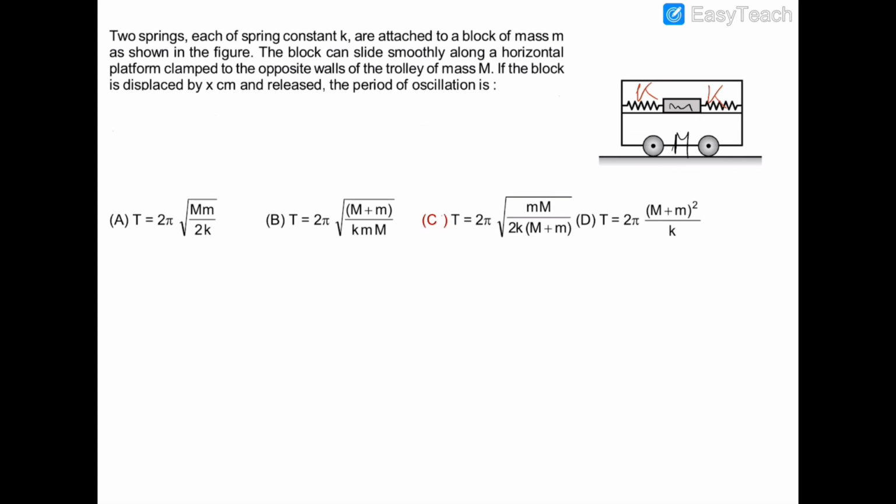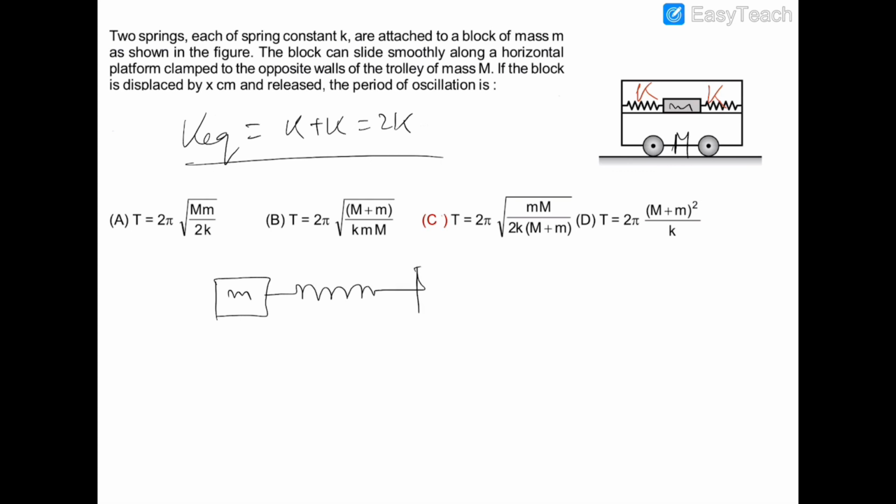Now you can first of all see that these two springs are connected in parallel. So the equivalent K would be K plus K, which is 2K. You can also see that there are two masses, so if we replace these springs by a single spring, then that single spring would be connected to these two masses.